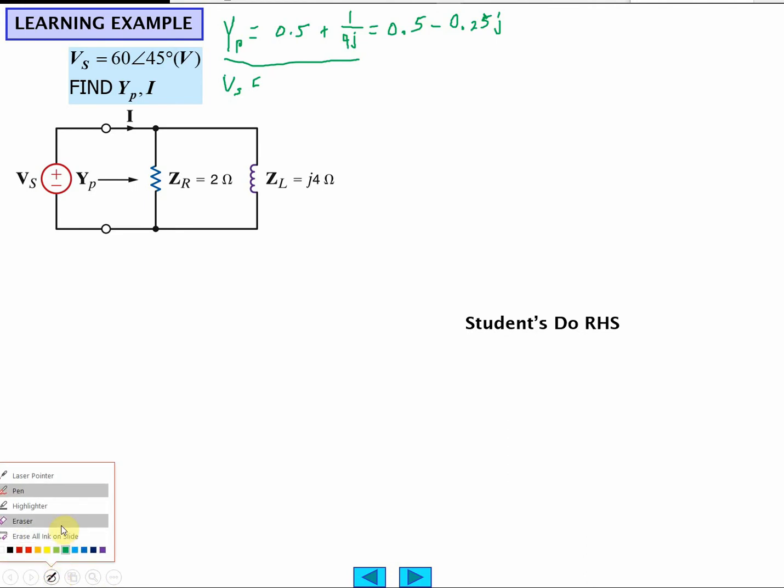We want to find the current. The current we've got is going to equal voltage times admittance.